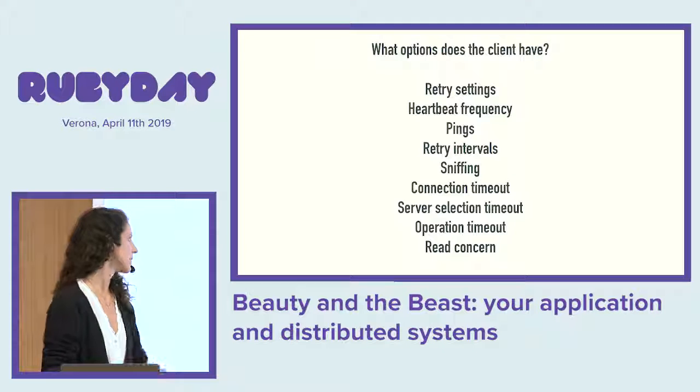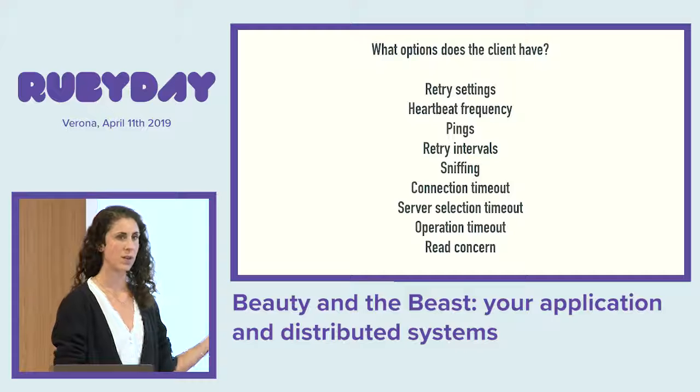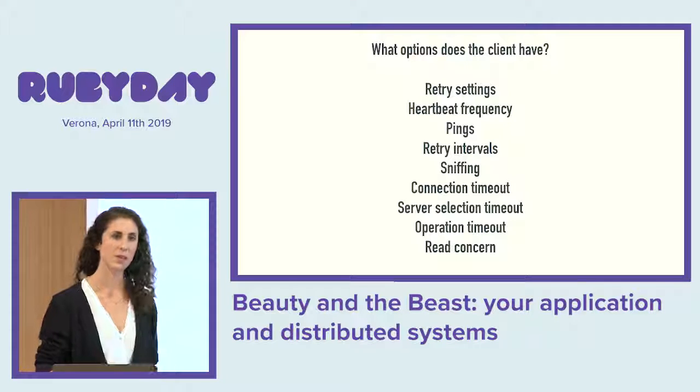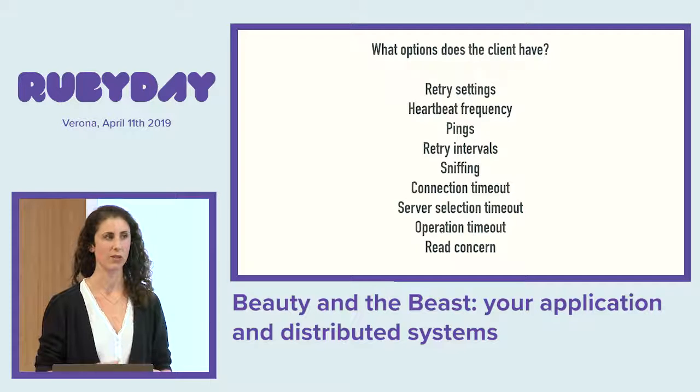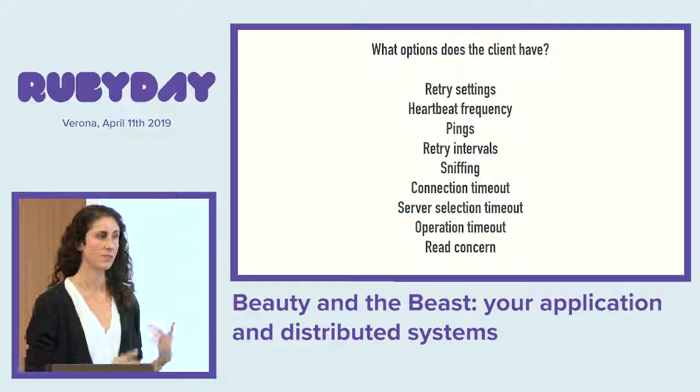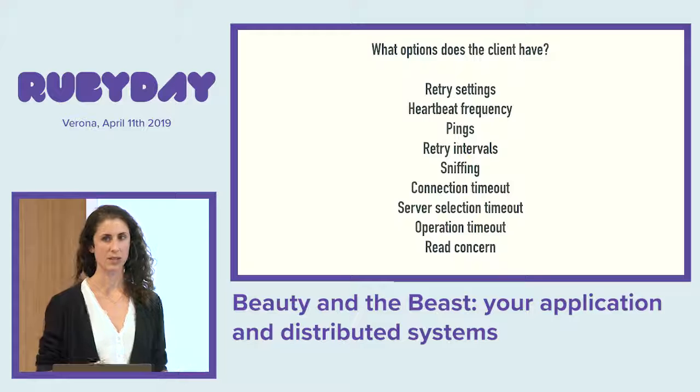So anyway, that gives you an idea of what kind of options are available to you. It's worth checking them out because you can write much better code that's much more efficient and can handle errors and retry better if you're familiar with the options that the gem makes available to you.